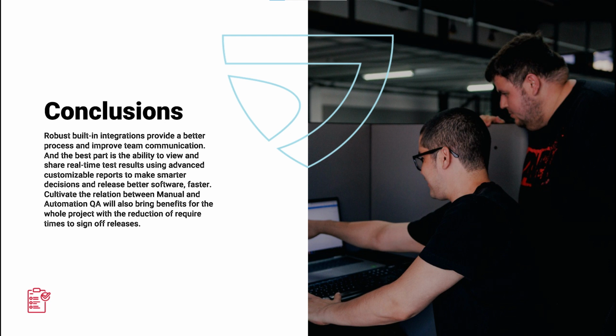And one of the most important things, I think, is the relationship between manual and automation QA. Because I'm pretty sure that sometimes we see each other as enemies because we have different perspectives of what we need to test and what every team has to do or accomplish. But it's not the case.